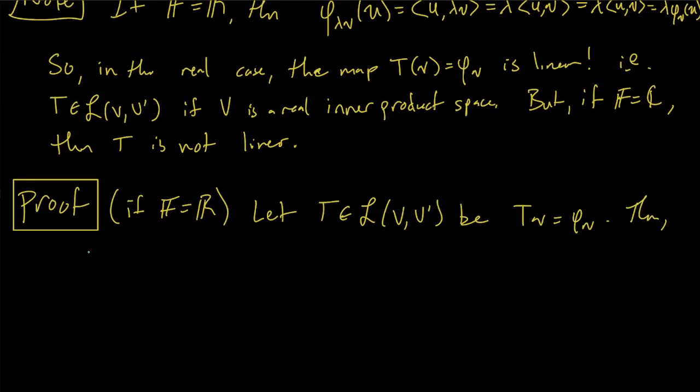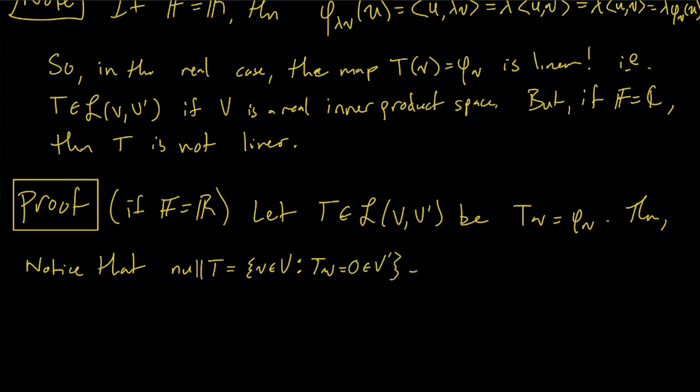Then notice that null T, well, this is just the set of v's in V such that T of v is equal to 0 in V prime, but that's just the set of v's in V such that the inner product of u with v is equal to 0 for all u in V. Yeah?